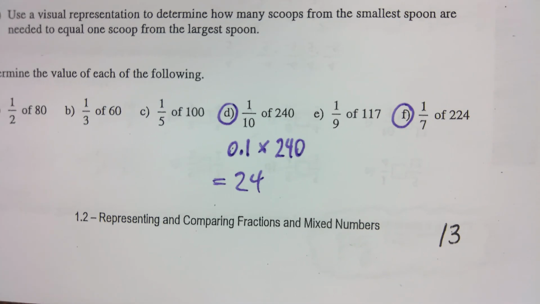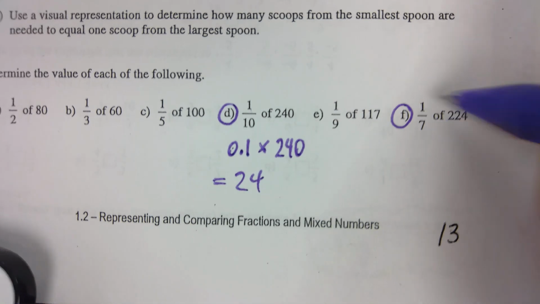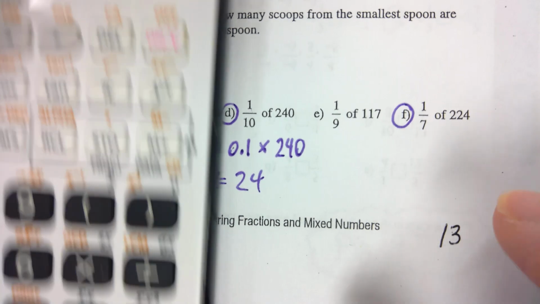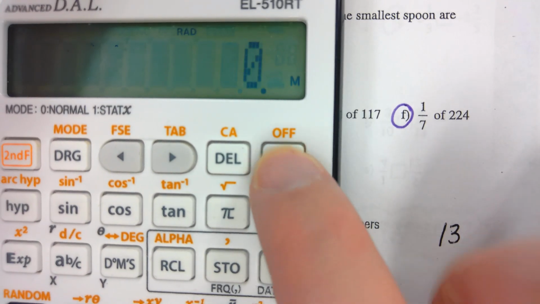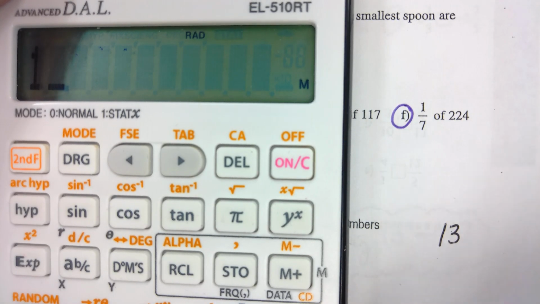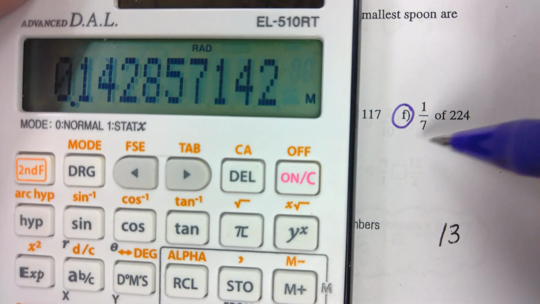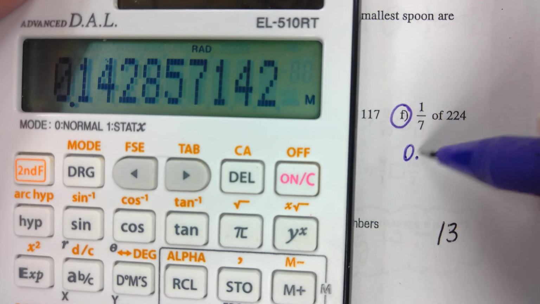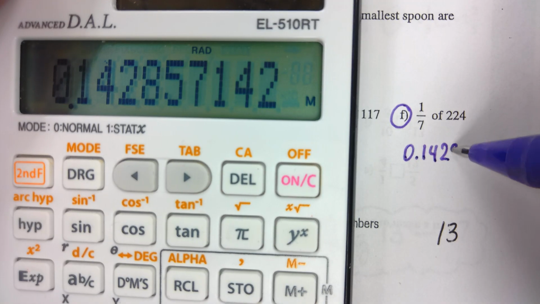Angelina, can you help me with this one? Setting up the same way, for the 1/7, what do I do first? Right, I divide this first. So 1 divided by 7, you get 0.1428 and so on.